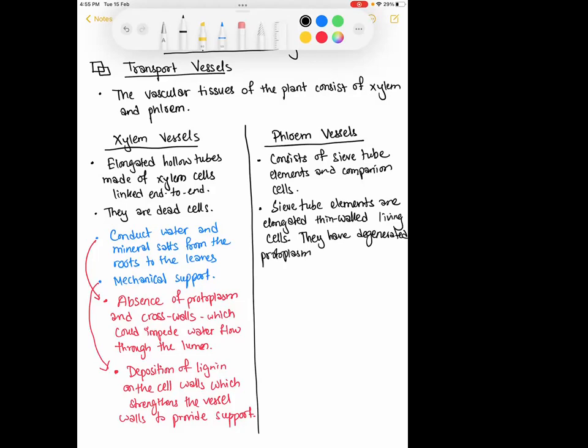Degenerated protoplasm means that they lack organelles such as the nucleus, ribosomes, large central vacuole, but they're living.